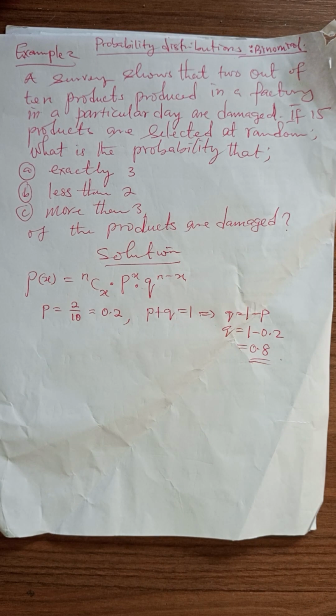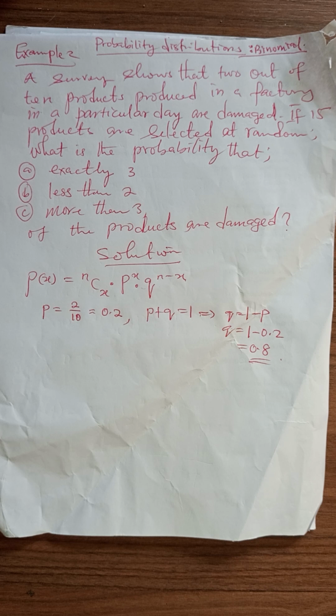And we go back to the question and see what is the value of x and what is the value of n. If 15 products are selected at random, what is the probability that exactly 3? So you see, our n is 15, but our x depends on the question. For A, we have x is equal to 3.